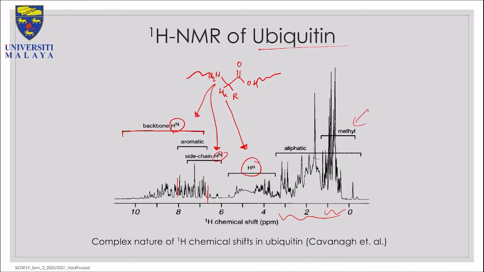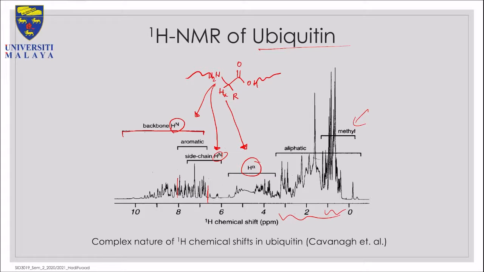So it's a complex nature. Therefore, by just going through one dimension NMR spectroscopy, it's very difficult to identify your proteins, especially if the proteins are new proteins. It's impossible to actually know the sequence of the protein by just using NMR.